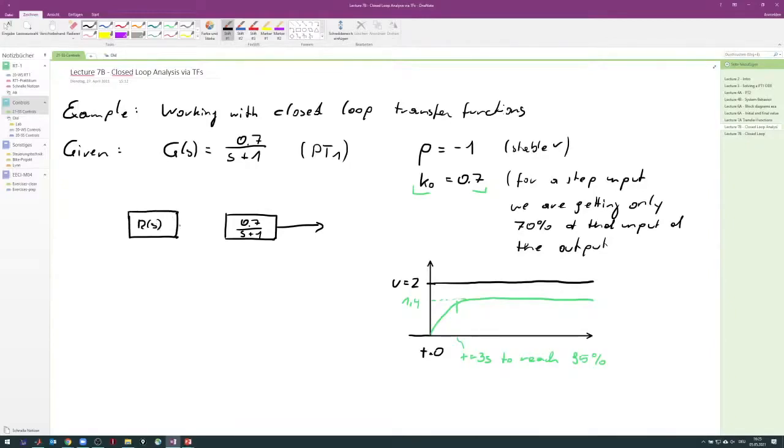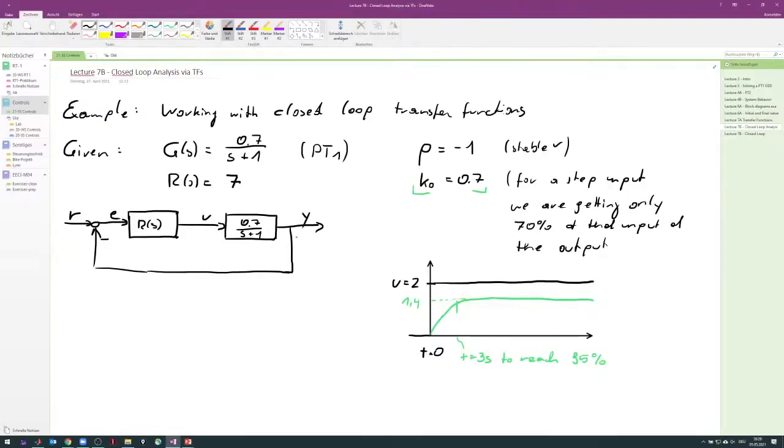R of S is actually constant and it's going to be 7. So just a constant gain for our controller at this point. I could write R, E, U, Y.